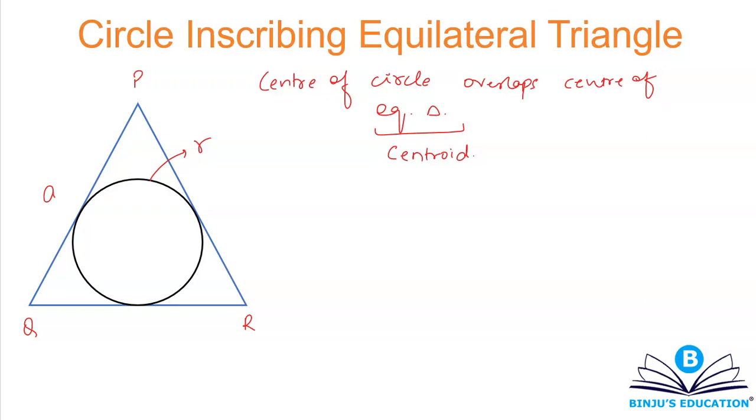Okay, so for example, if I draw the three medians, from P, from Q, and from R, this is what my three medians would look like, and their point of intersection, this point here, is basically known as centroid. So centroid is basically the point of intersection of three medians.